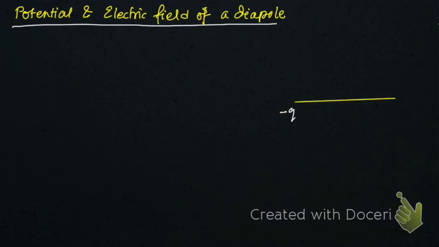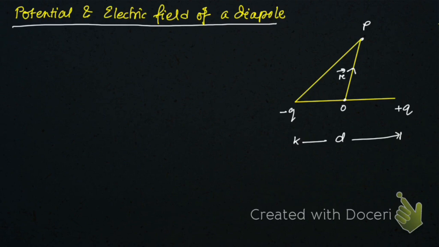Suppose potential and electric field due to a dipole. Suppose we have a dipole consisting of charge minus q and plus q separated by a very small distance d. And this is a point P, and its position vector with respect to the origin, suppose, is r.